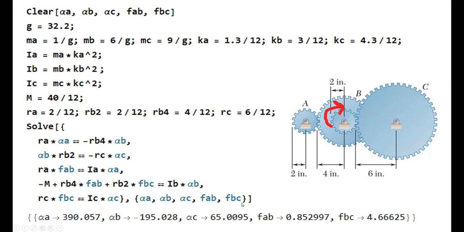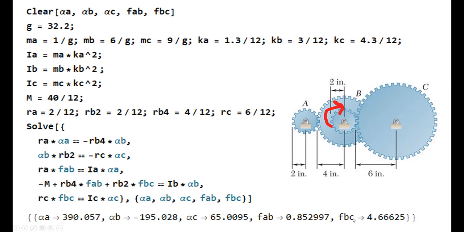When you're done solving this, plug your numbers back into these and make sure the signs make sense. Clockwise is negative, so B should be negative, and we get this negative angular acceleration for B. A and C should be positive, so we have these positive A and C values coming out.